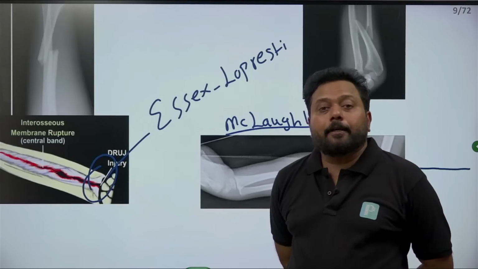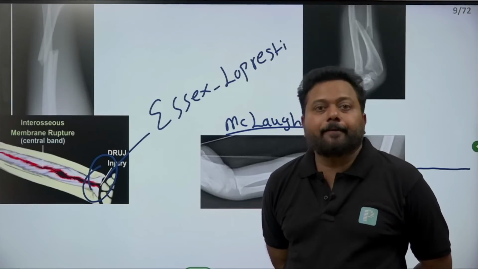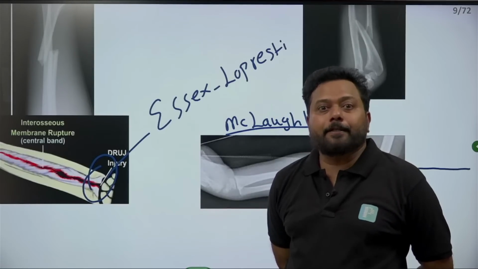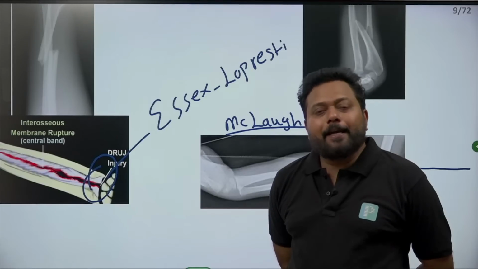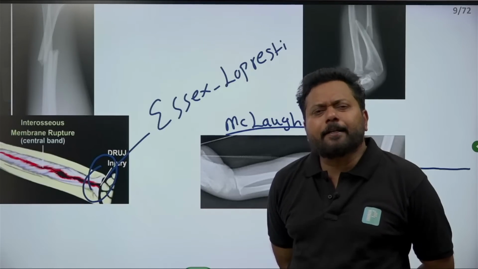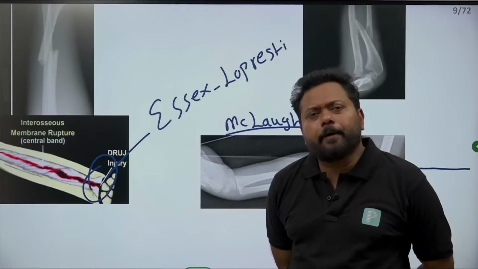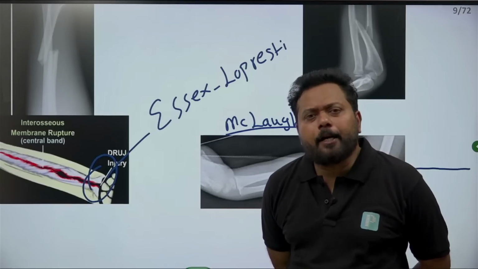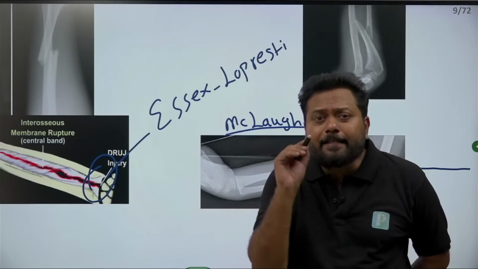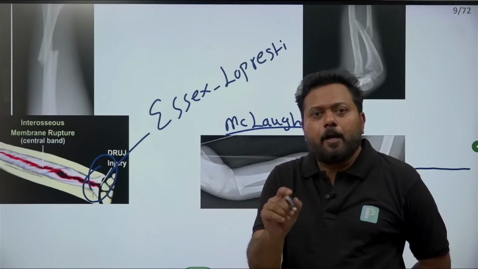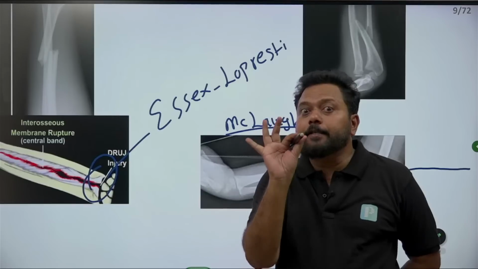Monteggia's fracture can be treated conservatively. Monteggia fracture happening in a child, better, this can be treated conservatively. Whereas Galeazzi fracture 100% needs open reduction and internal fixation. 100% needs surgery. Surgery is 100% necessary for Galeazzi fracture. So it is called fracture of necessity.